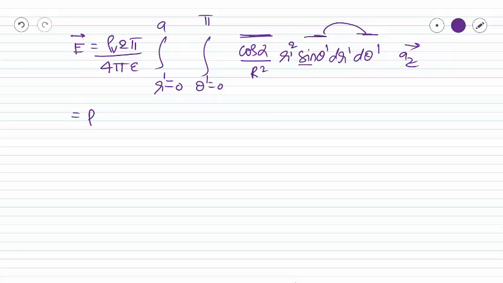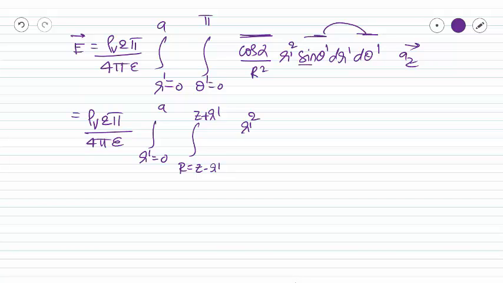Okay, so rho v 2 pi by 4 pi epsilon, r dash equal to 0 to a, next capital R equal to z minus r dash to z plus r dash, and I will write r dash square by r square first. Then I will replace sin theta dash into d theta dash. So what is that?